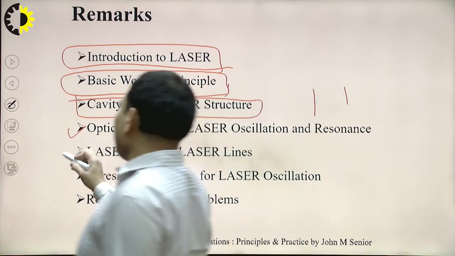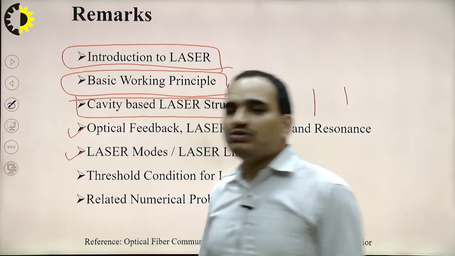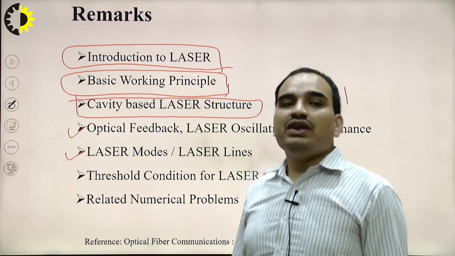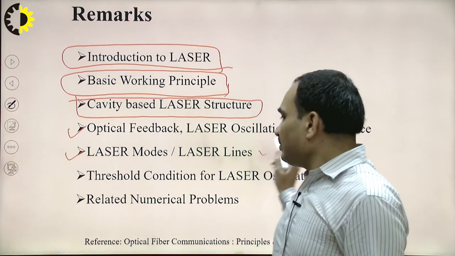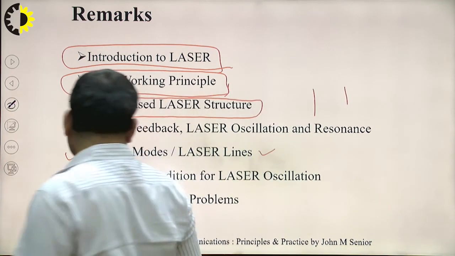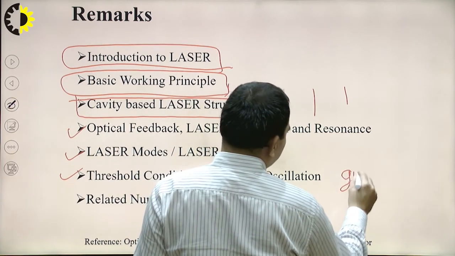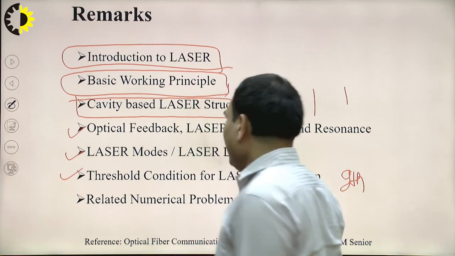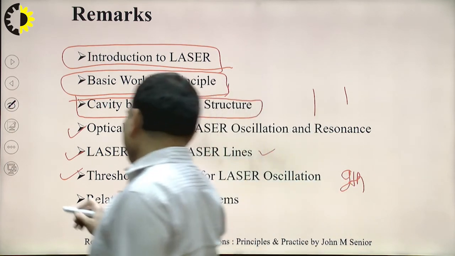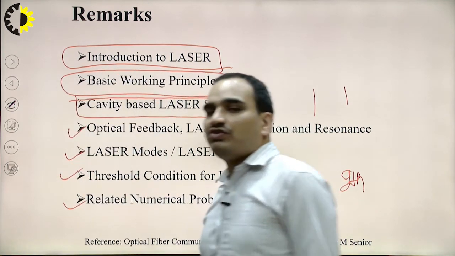Different modes we have discussed, that is TEM00, TEM11, and the laser lines and the threshold condition. Based on the threshold condition we have calculated the gain coefficient Gth, and the numericals based on the problems and the formula which we have derived.